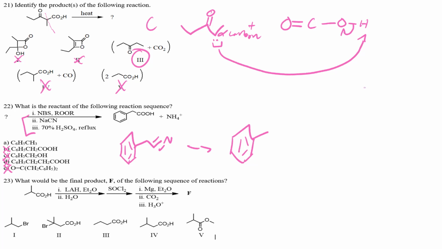Okay, and we have it over here. So this is going to be my carbon. So on our cyanide carbon, it transforms into a carboxylic acid. So this purple carbon came from the cyanide. Okay, that's how we made it.